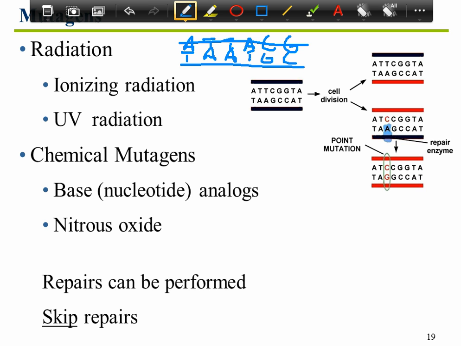Remember that there should be hydrogen bonding right here between the bases holding the two strands together. But what happens with UV radiation as a mutagen is, when you have two adjacent thymines, like right here, a bond forms between them. I'll change into a red color here.